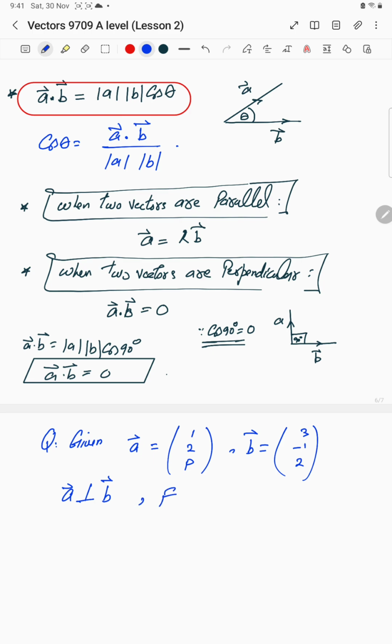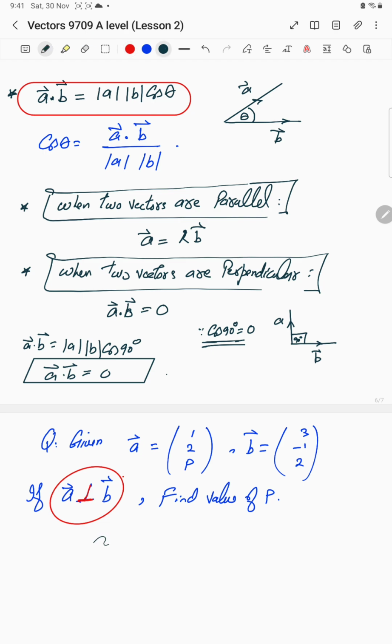Find the value of p. As the two vectors are perpendicular, it is given in the question. Here I'm going to circle this, the symbol of perpendicular, so they are perpendicular to each other.